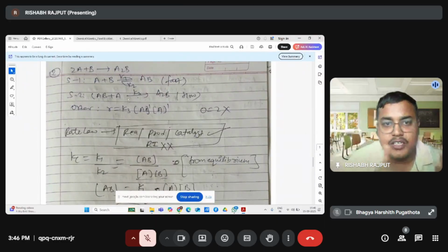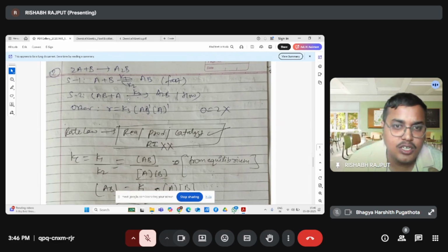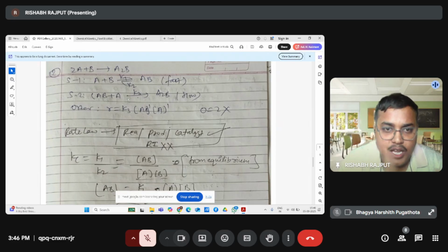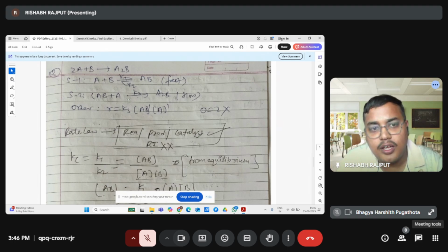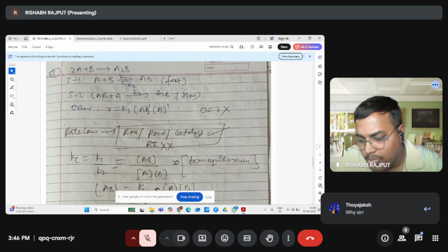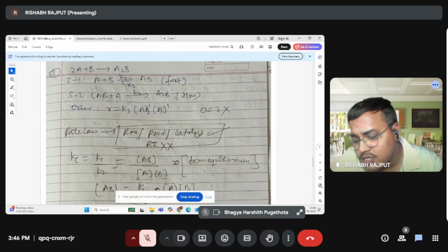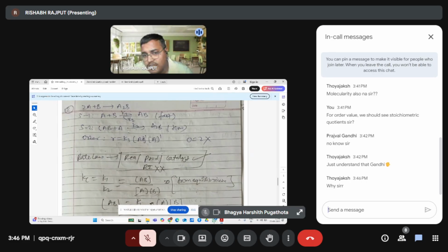If you want to find the rate of reaction, the order of the reaction, or the molecularity, you have to remove the AB concentration from the rate law. Why? Because in a rate law you can't write a reaction intermediate.